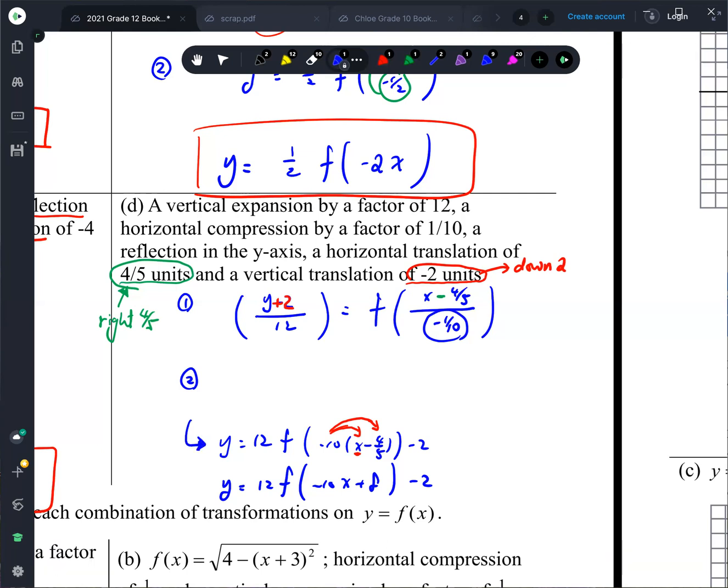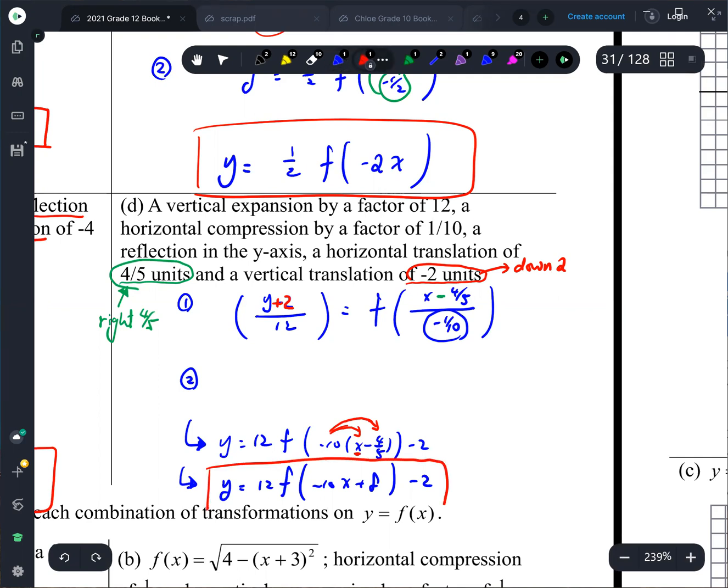And then you need to expand the number in. Don't leave your answer like that. Multiply the negative 10 inside, then you get your final answer, okay? So remember, your final answer doesn't have the double brackets. If there's another bracket inside, make sure you multiply in. Expand.